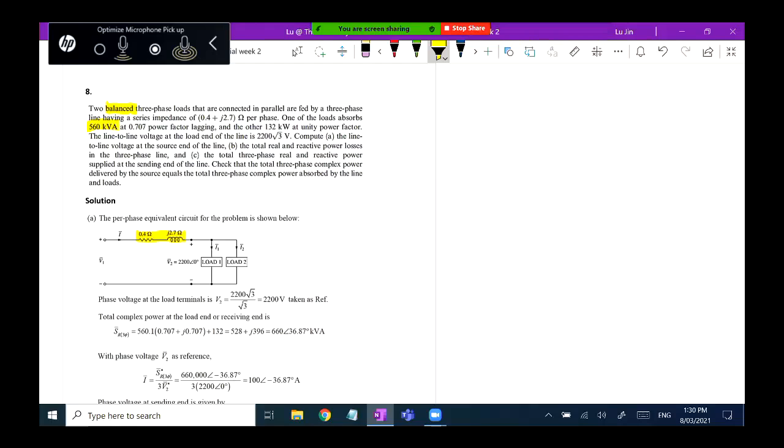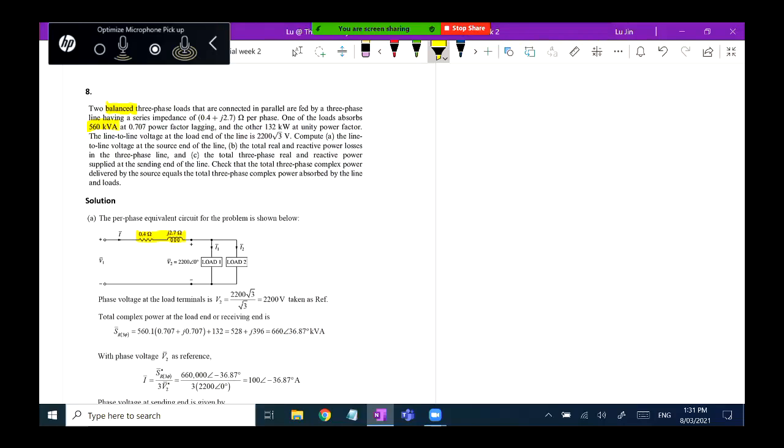So 560 kVA complex power. The power factor is 0.707 lagging. And the other load is 132 kW. Kilowatts is always for real power or active power, at unity power factor. Okay, keep going.